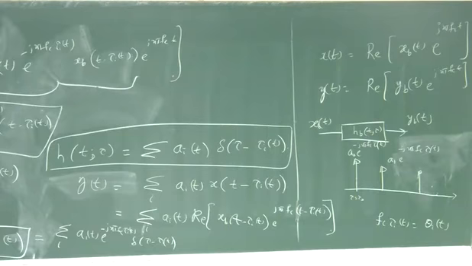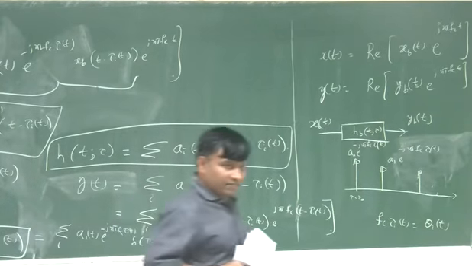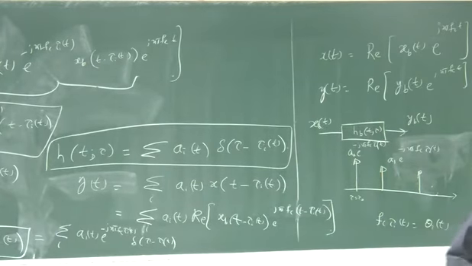If it is time varying, the tau i's are varying with time. Fine. Y of t is fully captured in its correct form for a time varying system with time varying impulse response. See that?